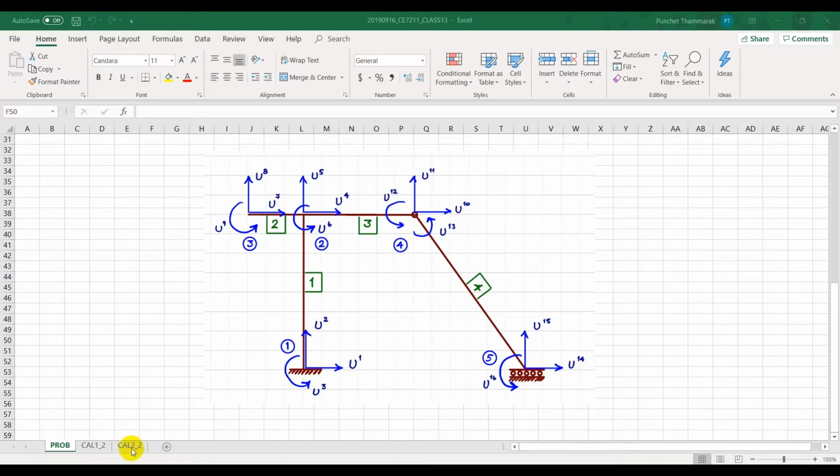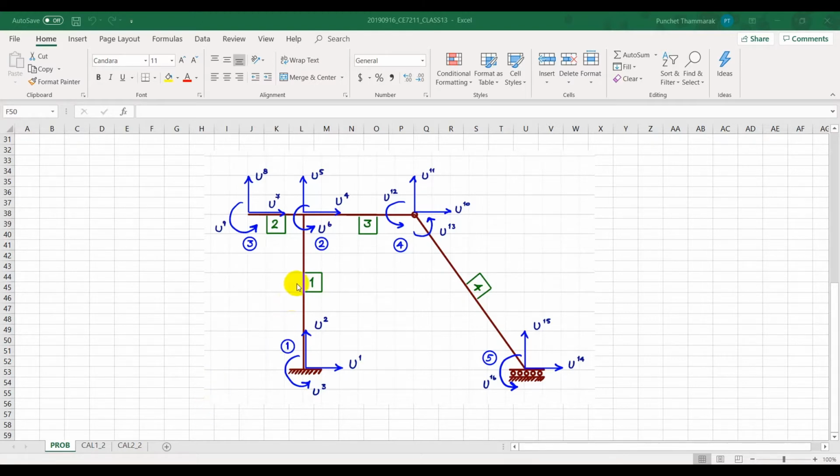Whereas for calculation number 2, I will follow the procedure that is universal for computer structural analysis, which is more friendly from the computer programming point of view. Both of these will lead us to exactly the same solution. So we will take a look at the solution by these 2 approaches one at a time.